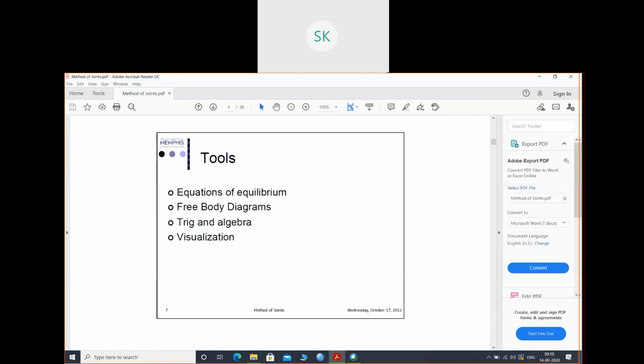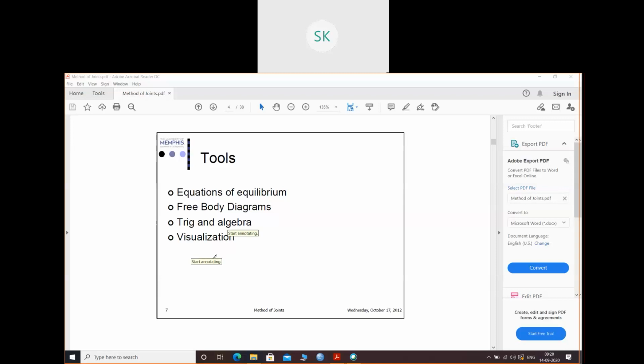What are the tools we will need to analyze a truss? First of all, you should know the equations of equilibrium, as we have discussed: summation of Fx equals 0, summation of Fy equals 0, and summation of moments equals 0. Then you will need a free body diagram. Then you should know a little bit of trigonometry and algebra, like sine theta and cos theta, and the most important is your visualization.